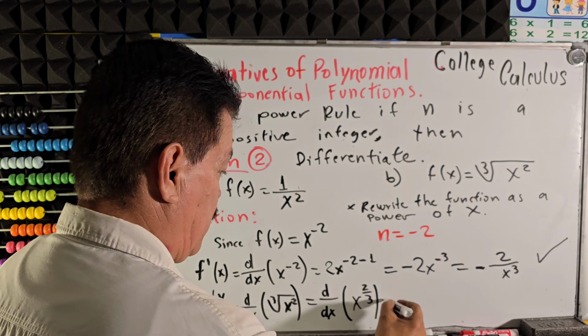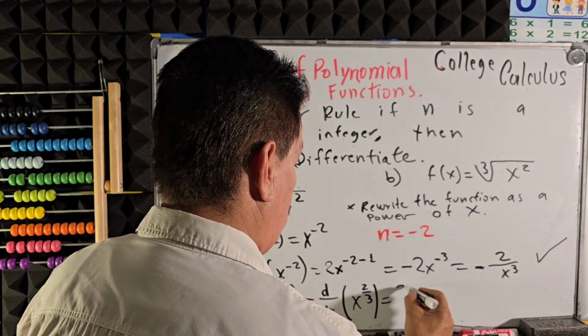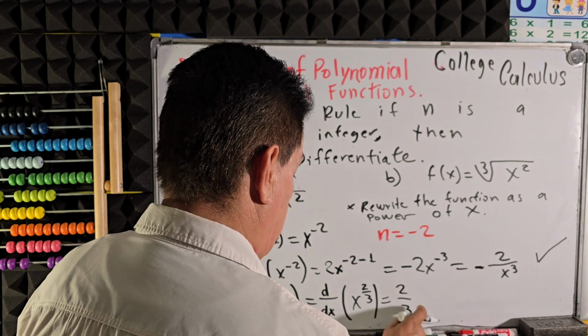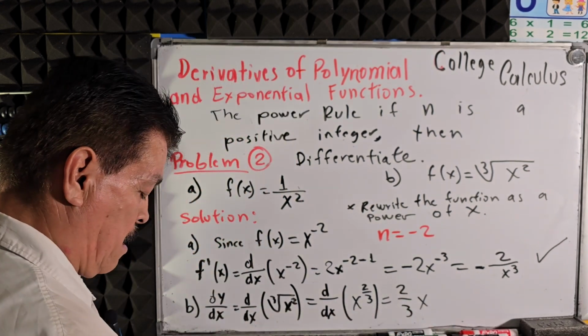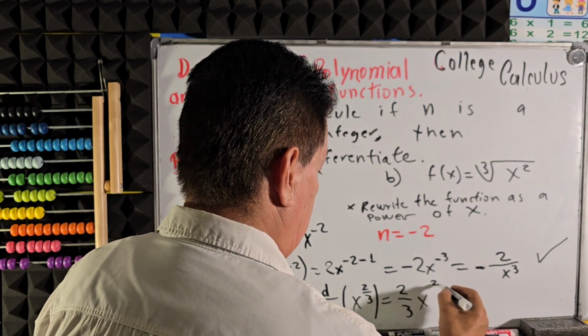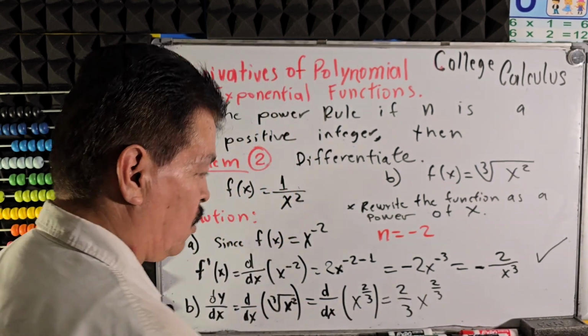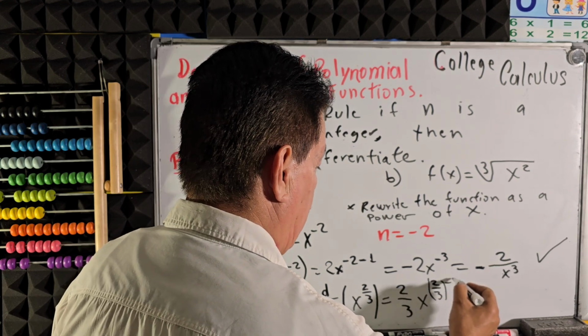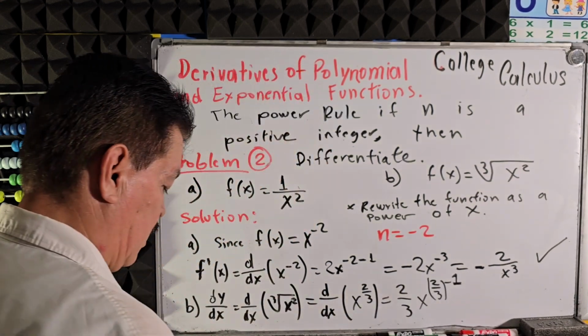Okay, this equals, we try to simplify, we will have 2 thirds x to the 2 thirds minus 1.